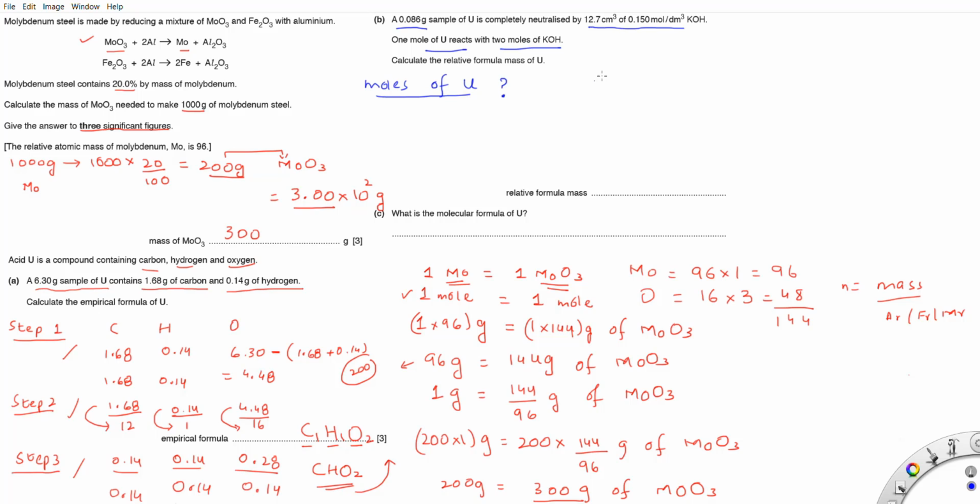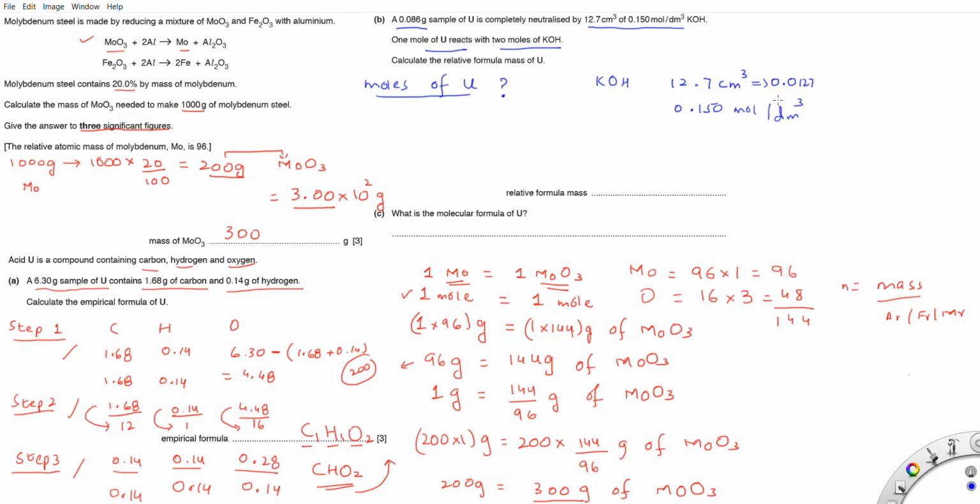For potassium hydroxide, the relevant data says it is 12.7 cubic centimeters in volume and it has a concentration, or molarity, of 0.150 moles per liter. First I can convert cubic centimeters to cubic decimeters by dividing by 1000, so I have 0.0127 cubic decimeters.